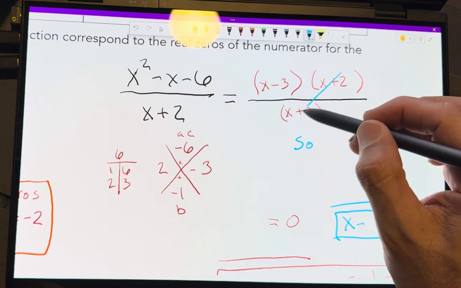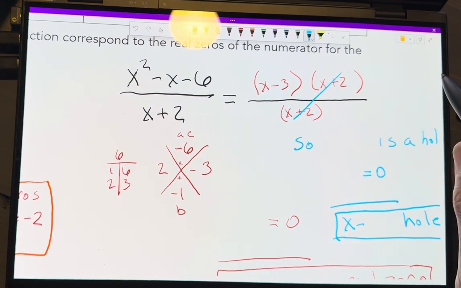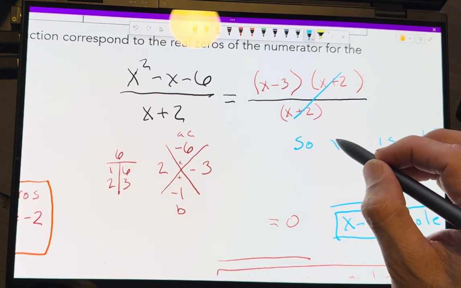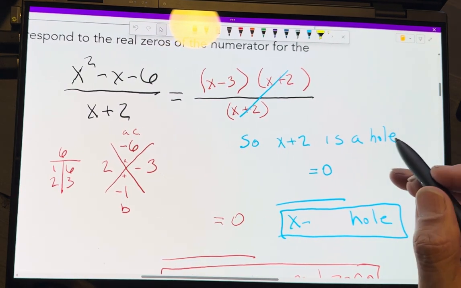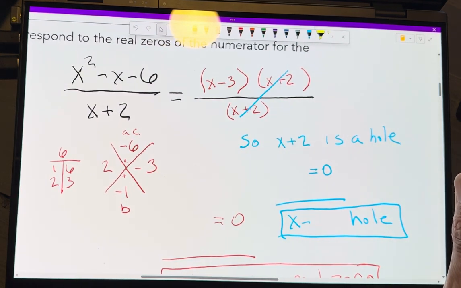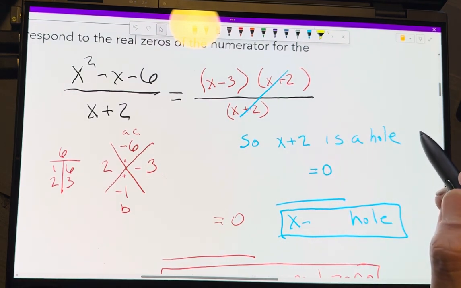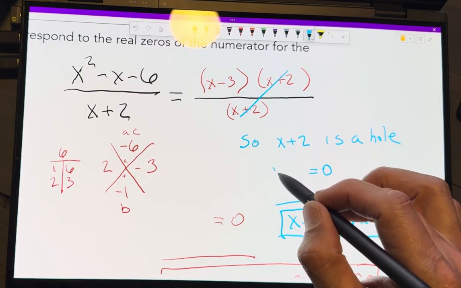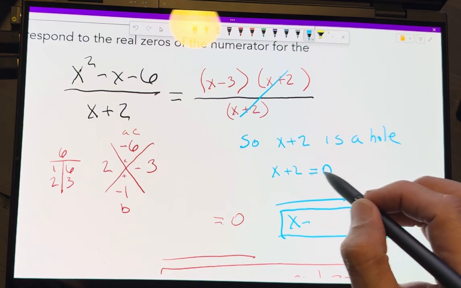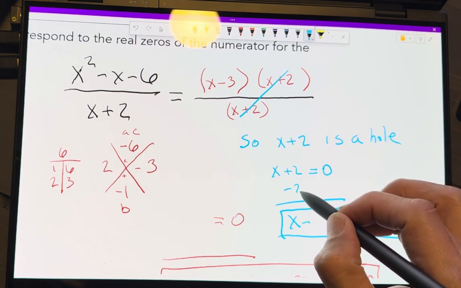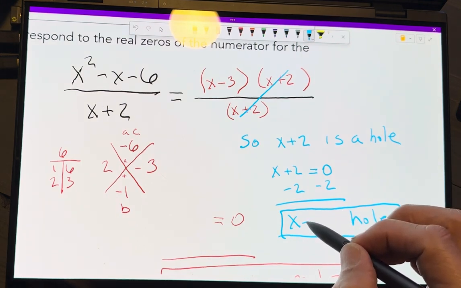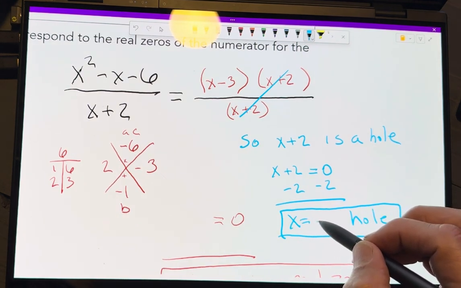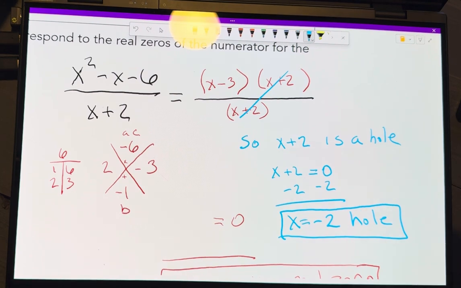And we know that these are common. So x plus 2 is a hole. And then let's solve for the hole. So we have x plus 2 is equal to 0, minus 2, minus 2. So x is equal to minus 2 as a hole.